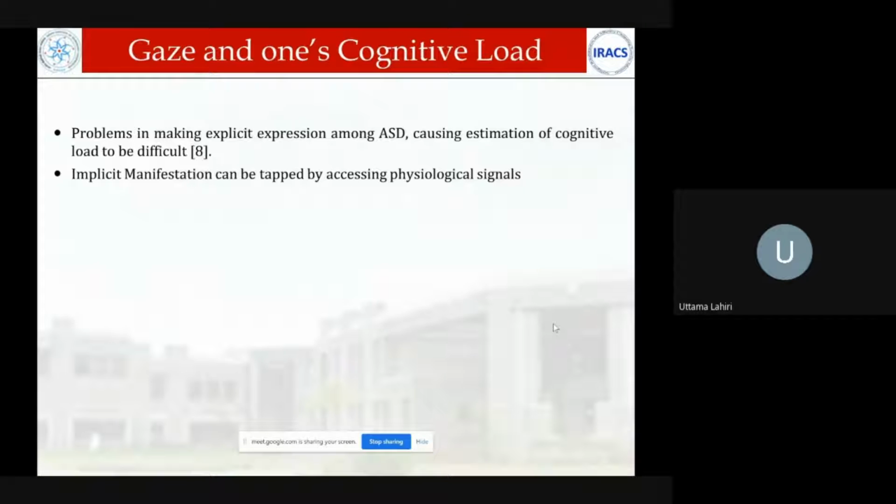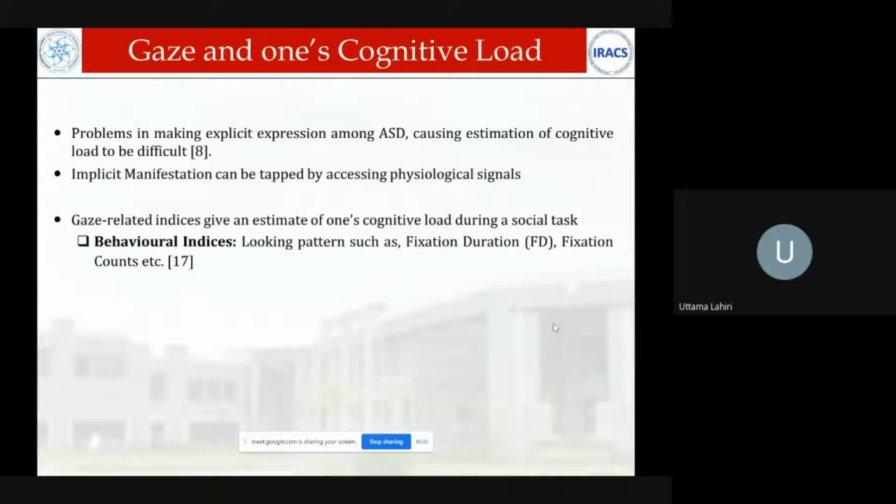And that is where we went for eye tracking. In fact, gaze-related indices can provide an estimate of one's cognitive load during a social task. And given that there are different types of gaze-related indices, we went for both behavioral and physiological indices, particularly behavioral indices. By behavioral indices, I mean the fixation duration, how long I fixate on a particular region of interest, or how many times I fixate.